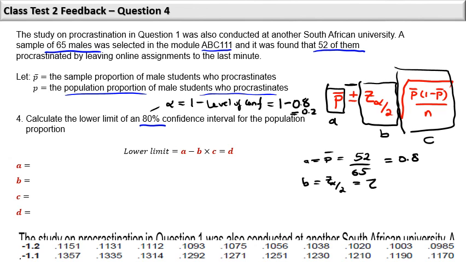So you are looking for Z of 0.1, right? And what is that value? So you go to your Z tables, you're given a probability of 0.1 and you're looking for a Z value. And while you are searching, you will see that the closest is this one.